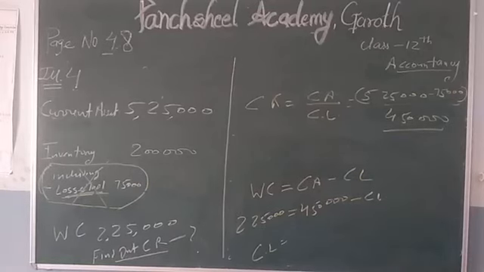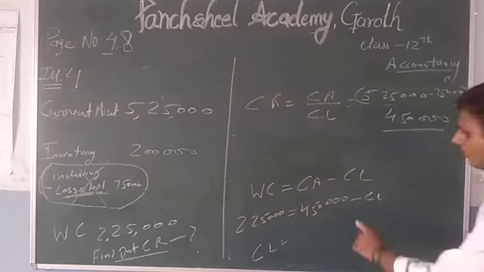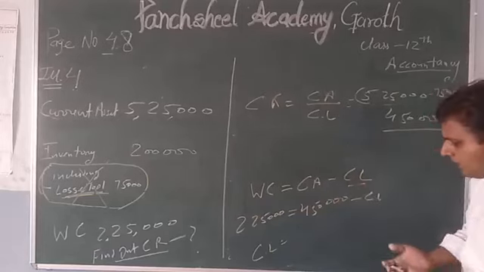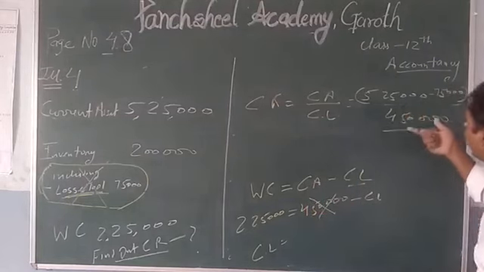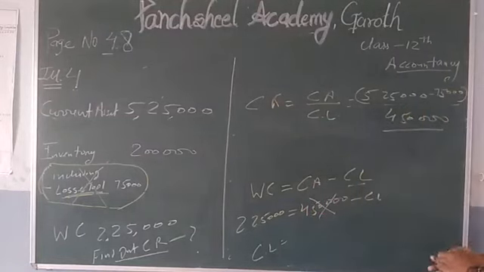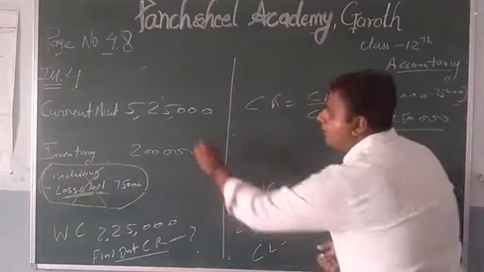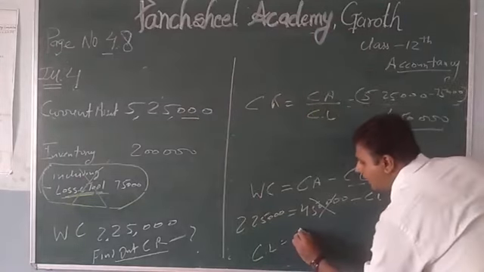One thing should be noted: for finding the current liability, here current asset will not be this 4,50,000 that we have taken from here. That will be the same as it is, 5,25,000.